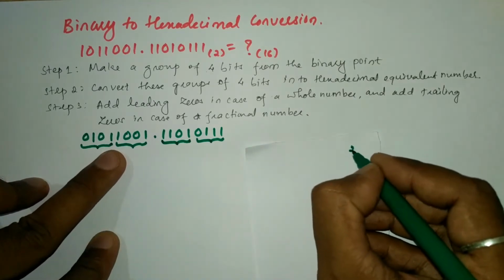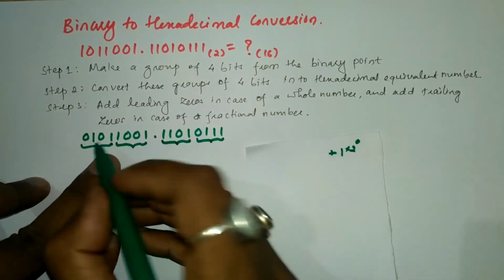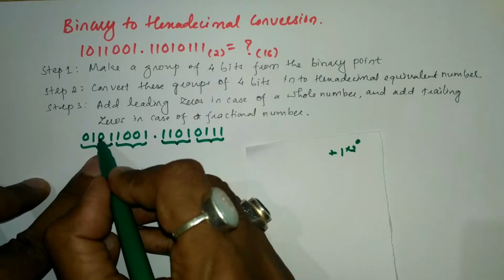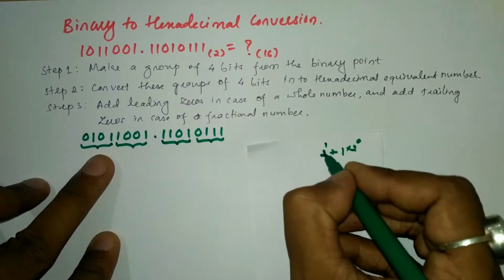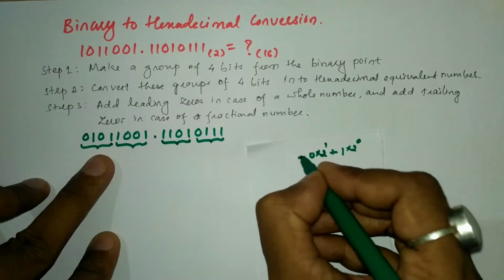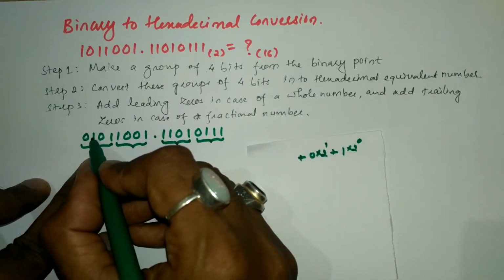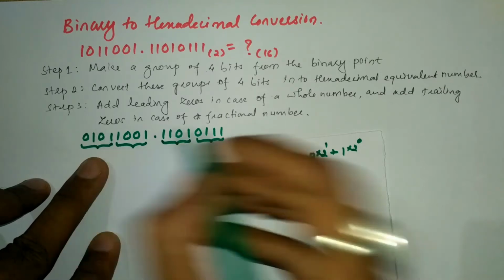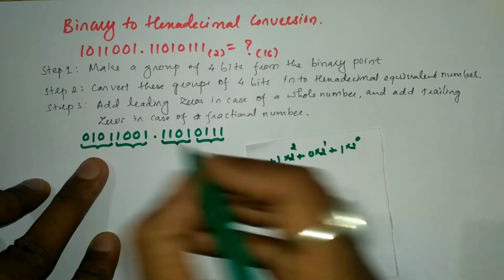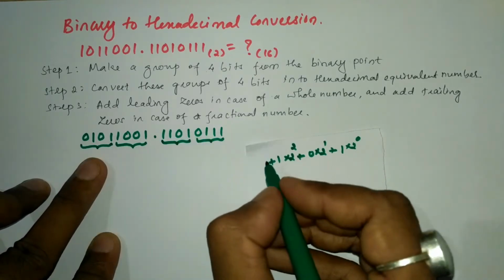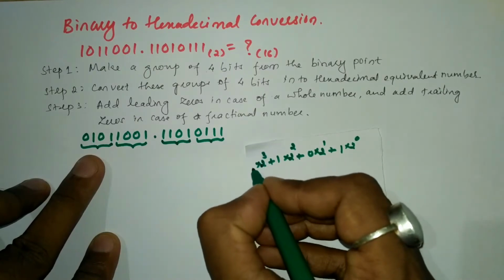Here I'm going to write 2 to the power 0 into 1, plus this bit 0 in its 1's position, 2 to the power 1 into 0, plus this bit 1 present in weight 2 to the power 2, so 2 to the power 2 into 1, plus this 0 in its positional weight 2 to the power 3 into 0.